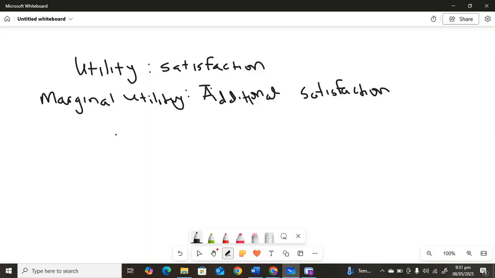Okay, this U in brackets P and B is a utility function, all right? And it's just measuring the satisfaction that we get when we consume pork and beef.